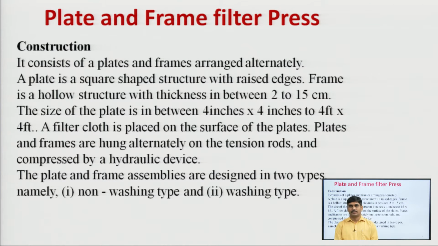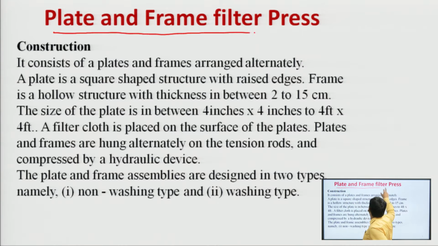So, the first filtration equipment which we will study is the plate and frame filter press. Now, the construction of plate and frame filter press. As the name suggests, plate and frame, that means two things we are using, one is plate, another one is frame.